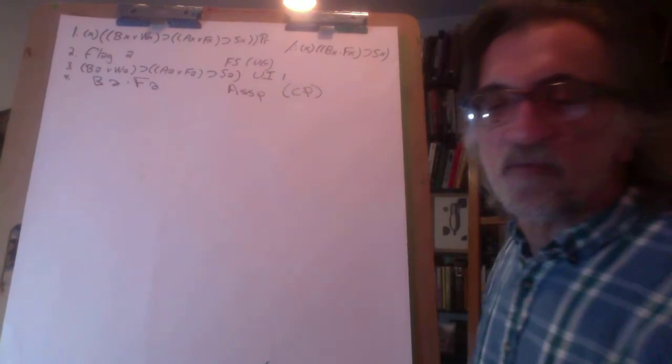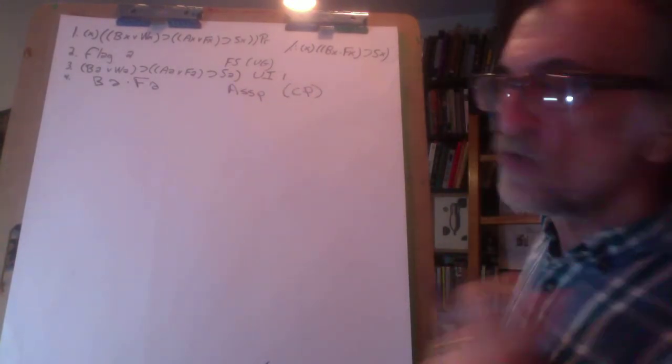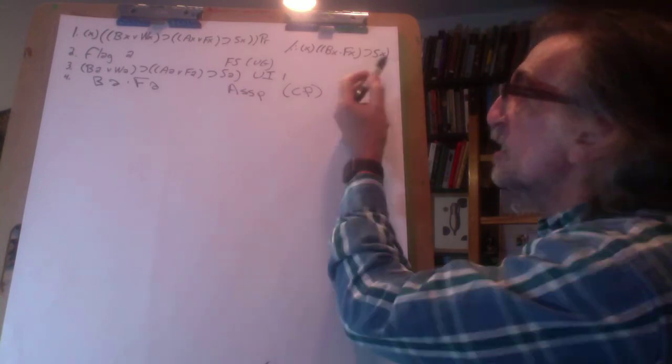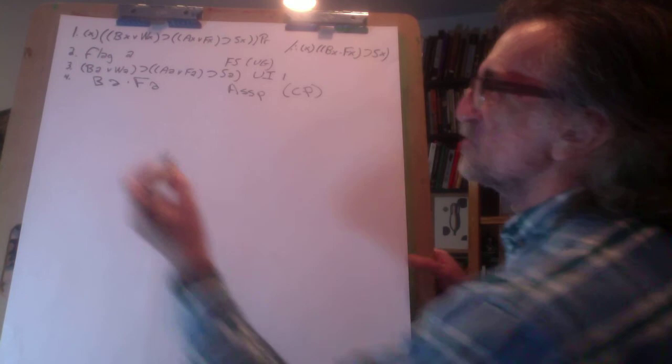That's just the assumption for the conditional proof, BA and FA. You see why we're going to want this, because if we can deduce SA in this proof, well, we're in business.